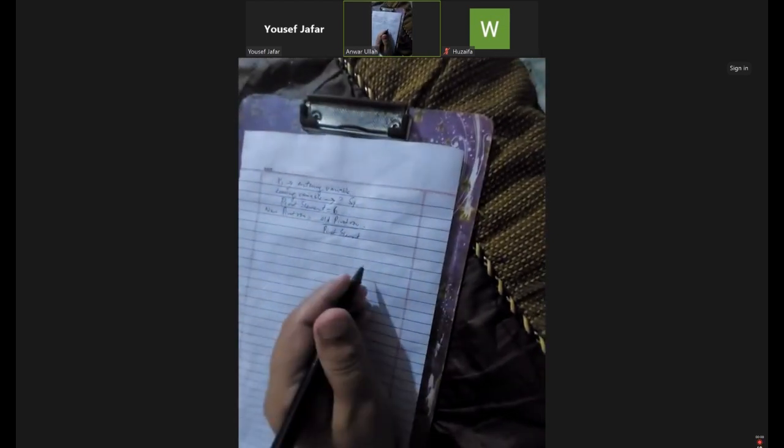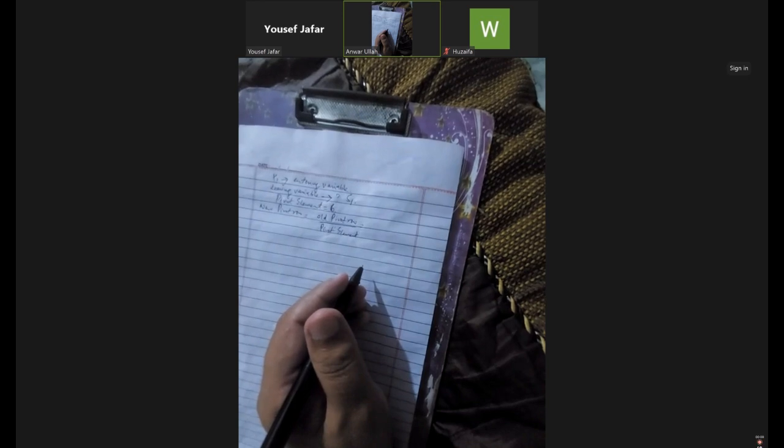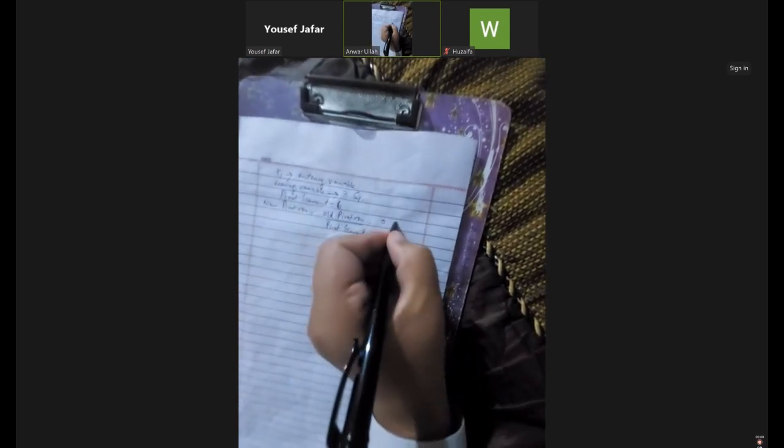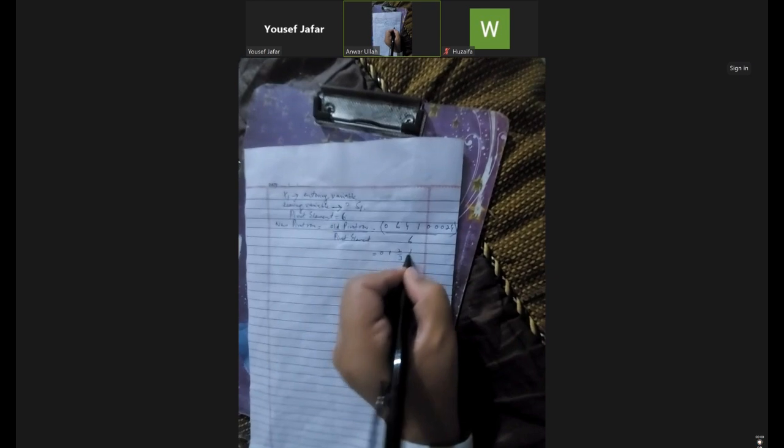The pivot element is 6 and the old pivot row is 0, 6, 4, 1, 0, 0, 0 and 24. We need to divide it by 6. So we get 0, 1, 2 by 3, 1 over 6, 0, 0, 0, and here we get 4. So this is the new pivot row.